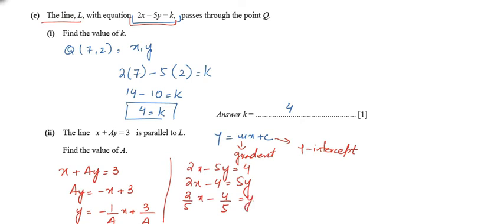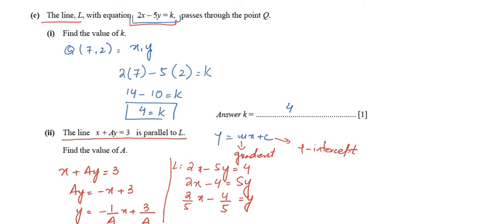Now as we know that these two lines are parallel, the line x plus ay is equal to 3 is parallel to line L. Here we have the equation of line L. Both equations are now in the form y is equal to mx plus c. If we take the value of m from both equations, the coefficient of x is the value of m.